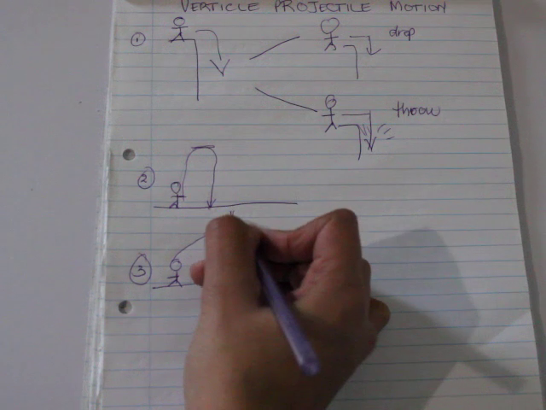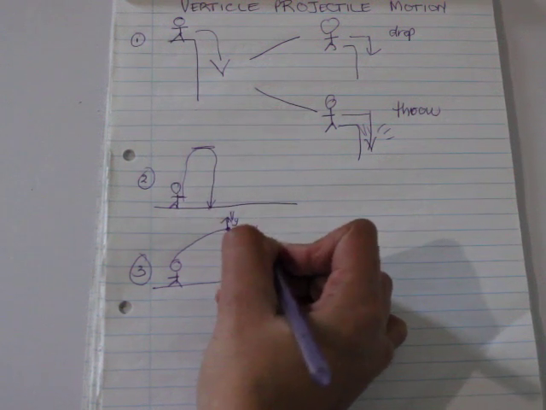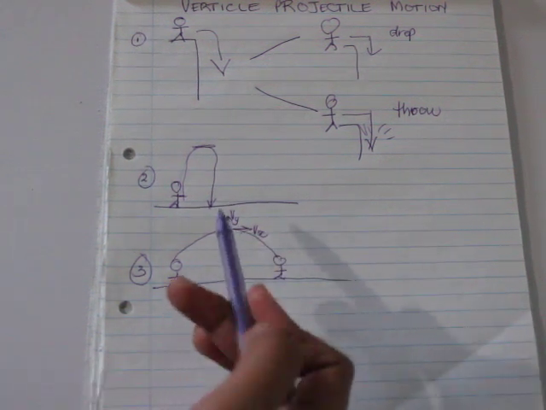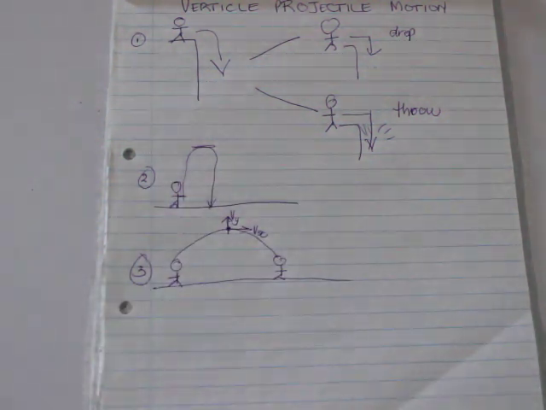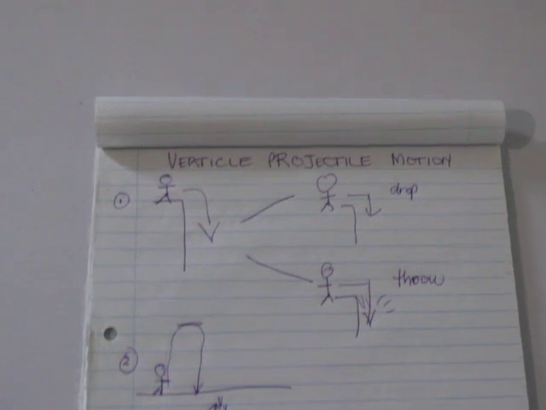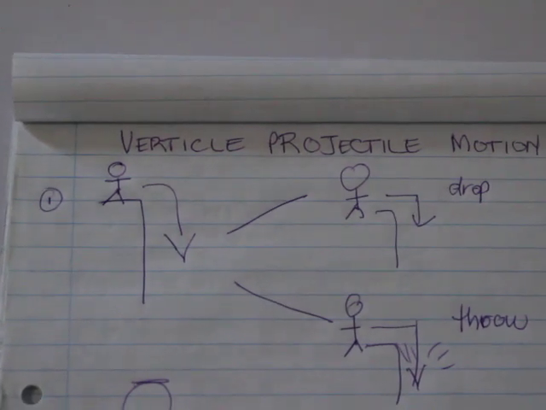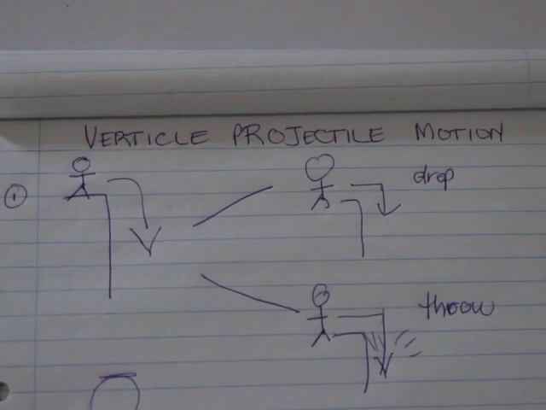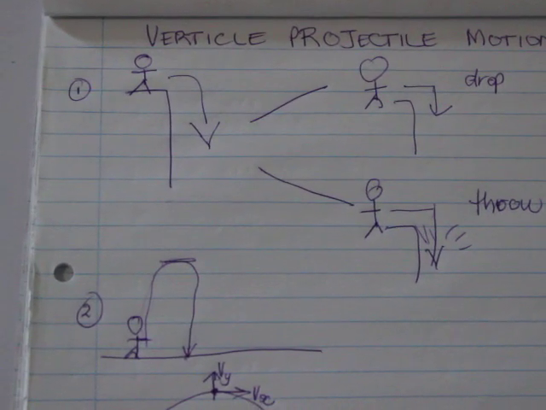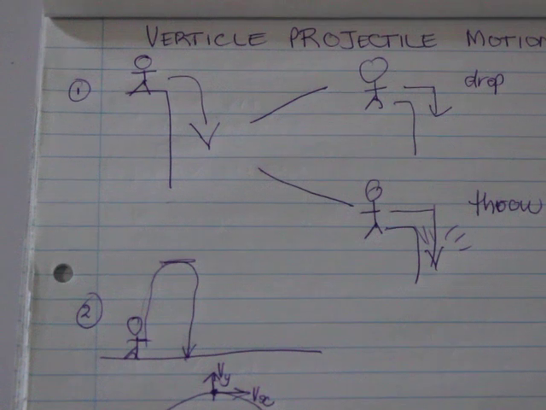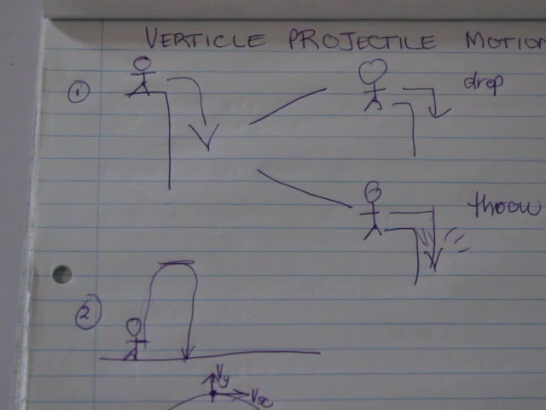So this will be Y and this will be X. In Matric, you will only do examples 1 and 2. When we're speaking about these examples, you can combine examples 1 and 2 in one question. This is often what happens.